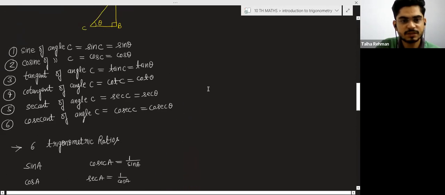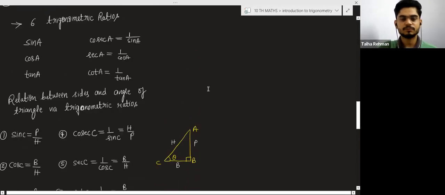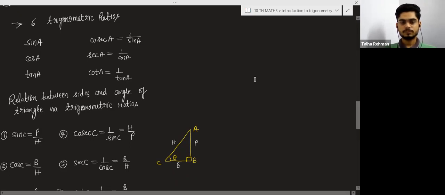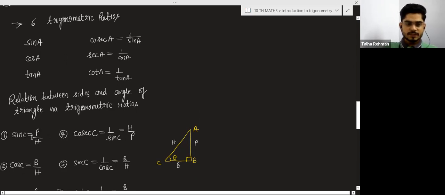You can just note it down. So this trigonometric ratio, this sine, cos and tan and all that are defining the relation between this angle of the triangle and this perpendicular, hypotenuse, the sides of the triangle.